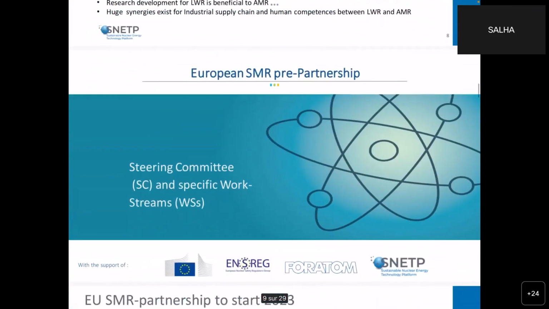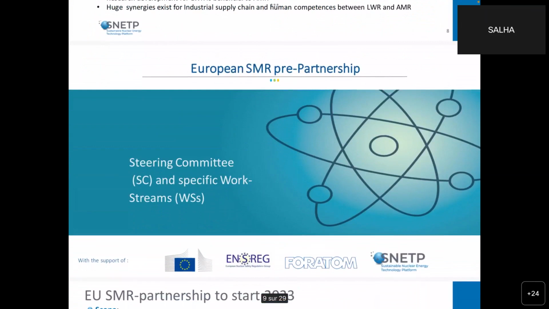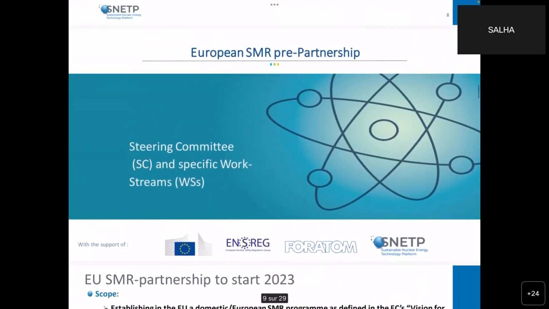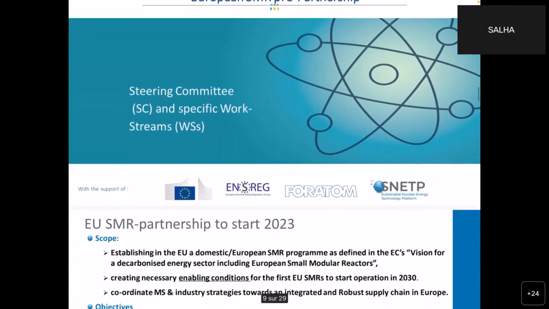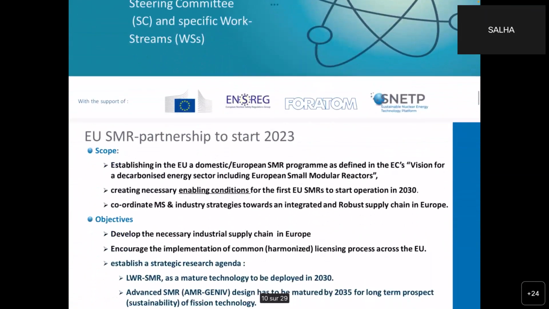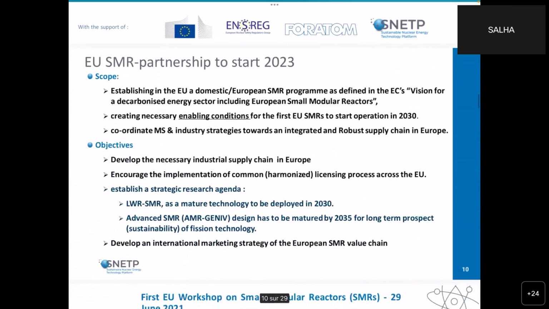So let me now go on to the question of the SMR partnership. The SMR partnership is in fact a global idea which has been set by the EU Commission in order to push and to help the development of SMRs in the EU, which could start operation in the 2030s.